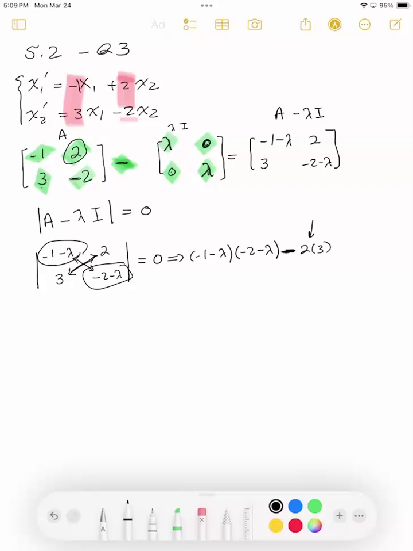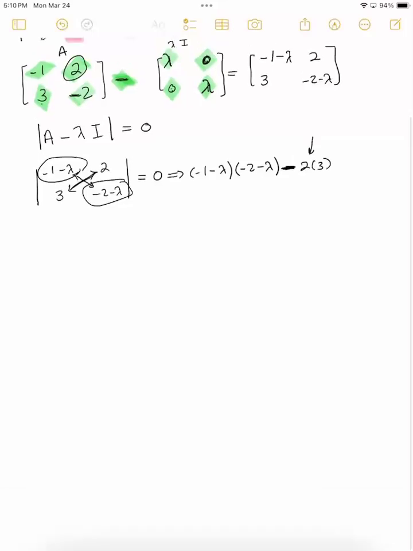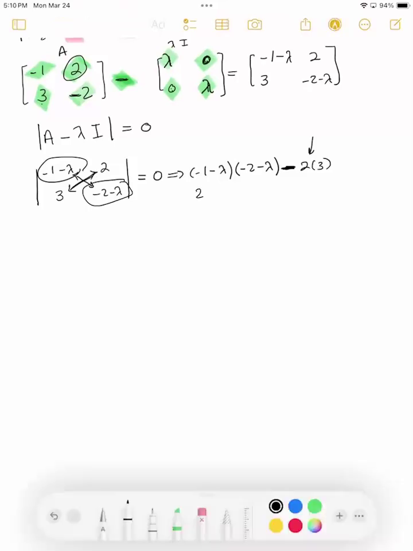But the formula is multiply this diagonal minus the product of the other diagonal. So -1 times -2 is 2. -1 times negative lambda is +1 lambda. Negative lambda times -2 is +2 lambda. Negative times negative is positive lambda squared, minus 6. And remember, we want this to equal 0.